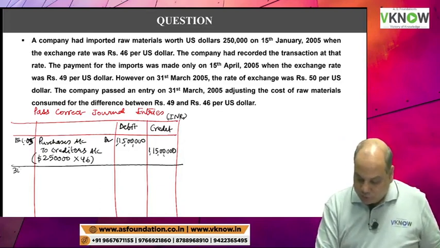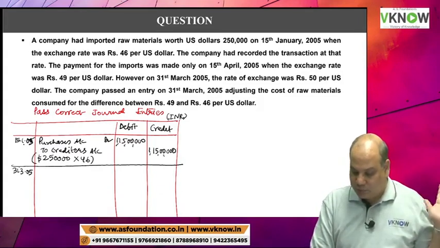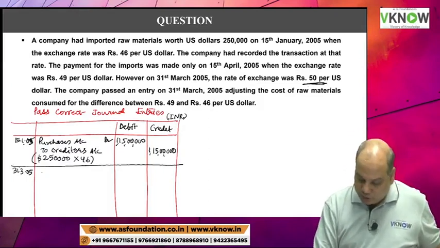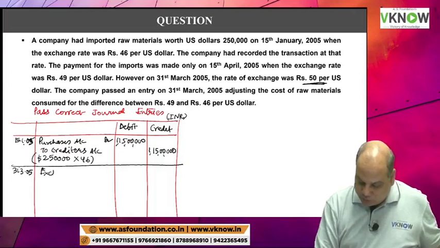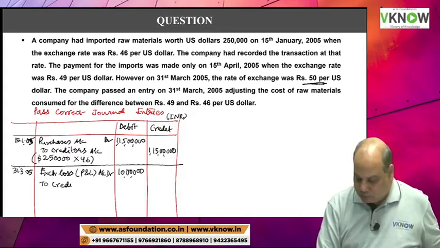Then on 31st March 2005, your creditor balance has gone up by 4 rupees. So the entry will be exchange loss (P&L account) debit 10 lakh, calculation already done, to creditors 10 lakh.